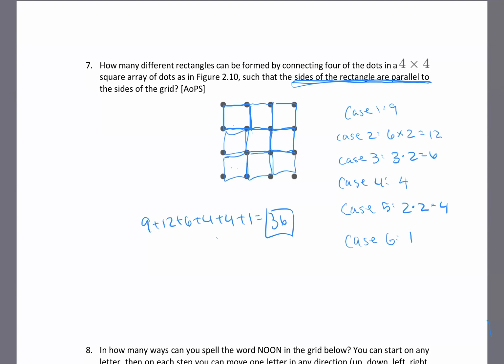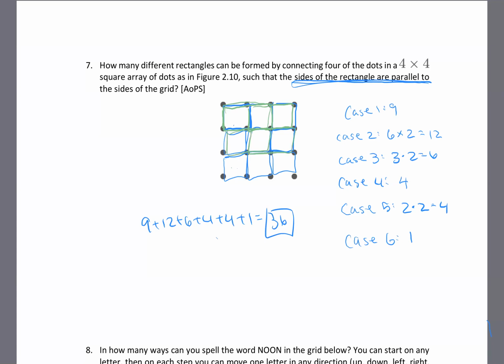So there's 9, right? And then let's say that the next rectangle is the 1 by 2. I say that this is 1 by 2, not 2 by 3, because I'm looking at the length, not the number of dots it has. So this is 1 length, and this is 2 lengths, so it's 1 by 2.